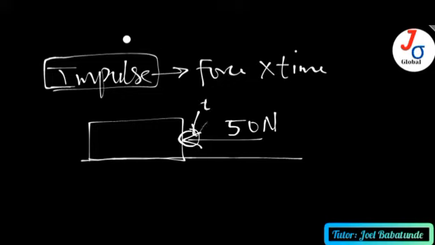So basically, impulse has to do with the force and the time it takes to exert that force on that body. So that means if you exert 50 newtons force on this block, it just might change the position of this block.